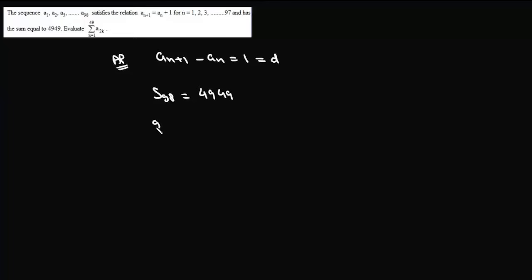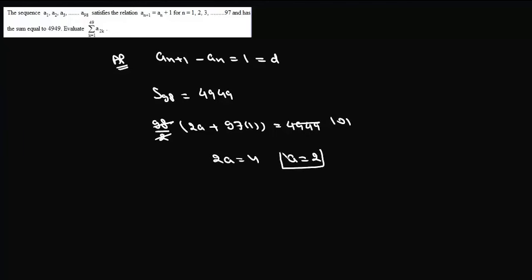Now we know that the sum of 98 terms will be 98 by 2 into (2A plus (n minus 1)D). So there will be 97 and D is 1 and it is equal to 4949. Now this is 101 and 2A is 4. So basically the value of A is 2.